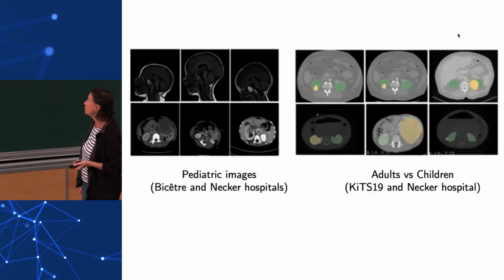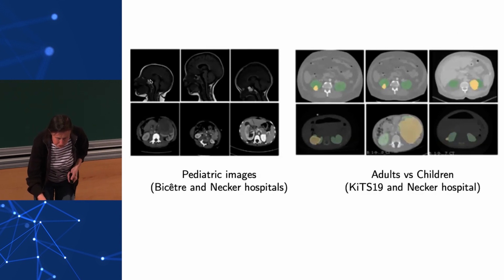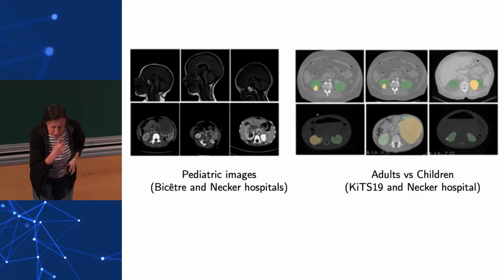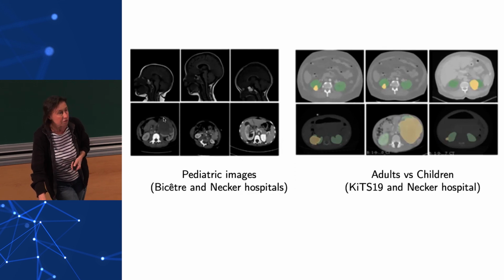Just to show an example, we have here on the left pediatric images of the brain and of the abdomen. On the abdomen, we have a big lesion, which is very different from what we have on adults.